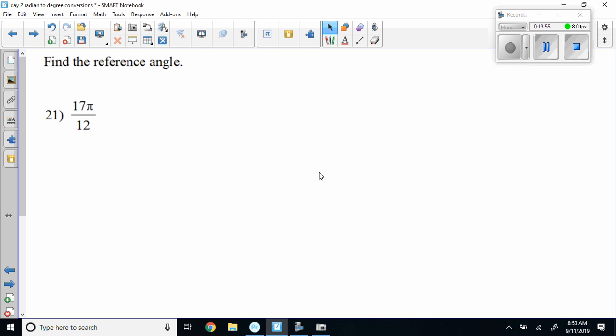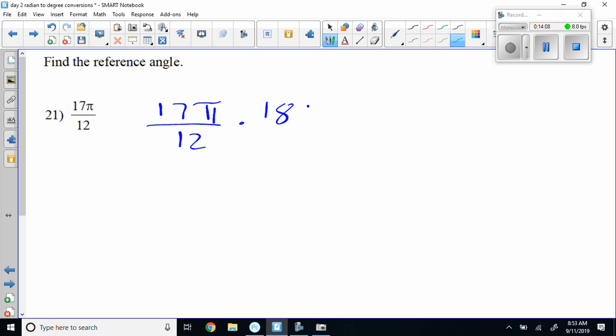We're looking at what radian is from that angle back down to the x-axis, right? Guys, what if I told you 17 pi over 12 times 180 over pi? What would this 17 pi over 12 be as degrees?